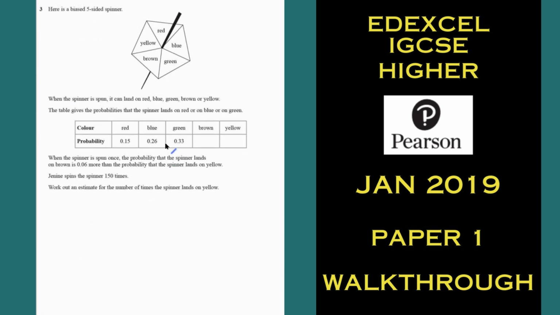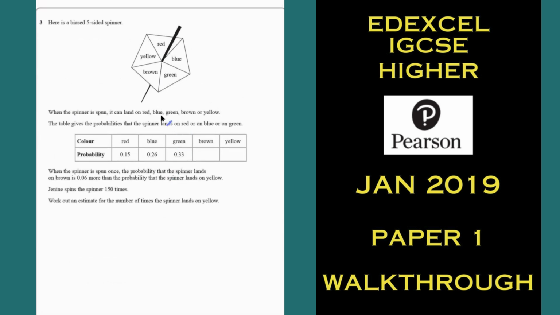Number 3. You could do this one by trial and error. It's very waffly, but the main bit of information you care about is that the sum of probabilities is 1. So you need to add up all of them, and I've gone about this the algebra way.